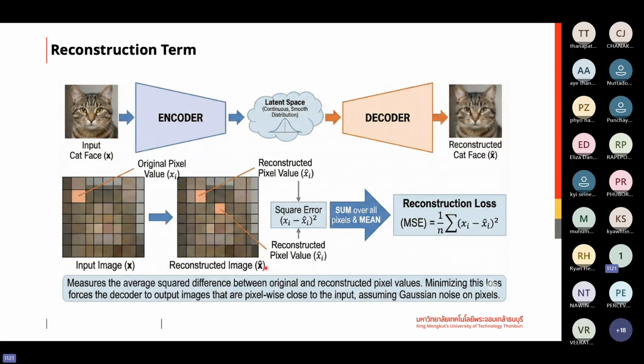But we use both. So this is just to show you the square error. You have input and output. What we want to train is the latent space. Reconstruction error means that we compare point by point, calculate the square error, and then sum them to get the mean square error. This is the very basic step of mean square error.